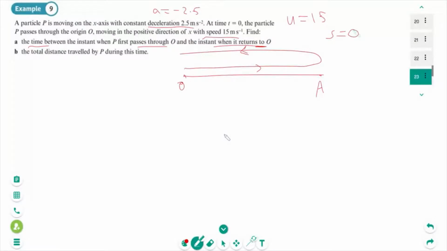So the equation you can use to find t would have to be s equals ut plus half at squared. So returns back to the origin means the displacement is 0.